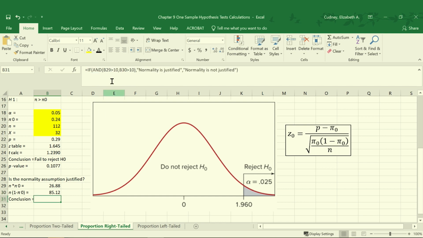To know if our normality assumption is justified, we want to make sure that our value of n times pi naught is greater than 10, and that our value of n times 1 minus pi naught is greater than 10. Since both of these numbers are greater than 10, our normality is justified. So we made a correct assumption of normality for our data.